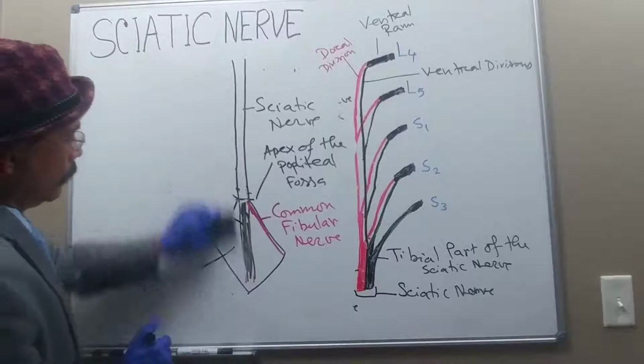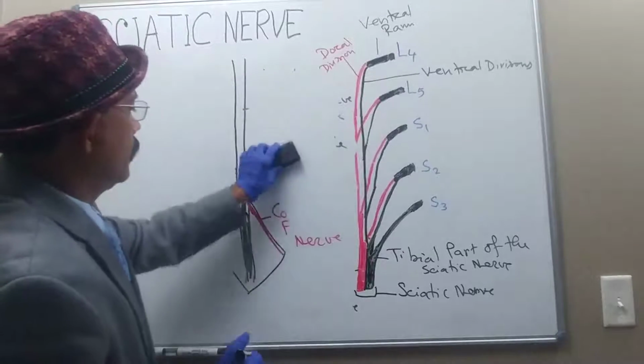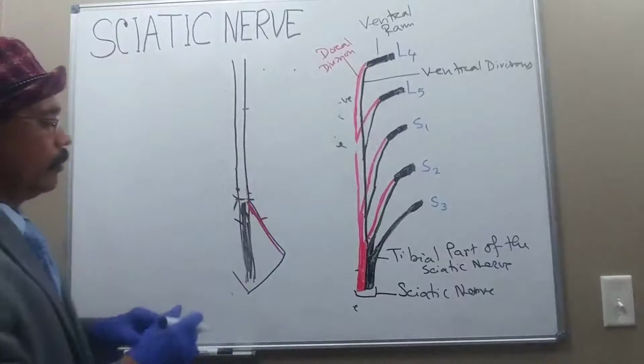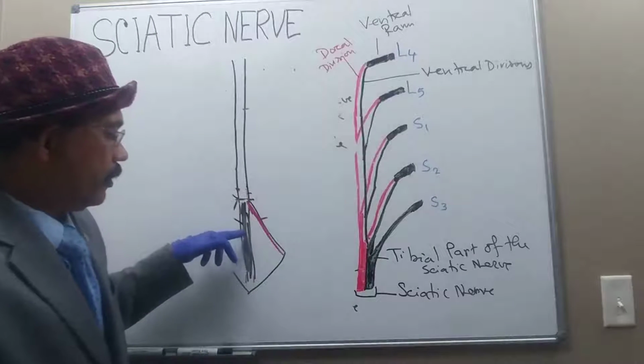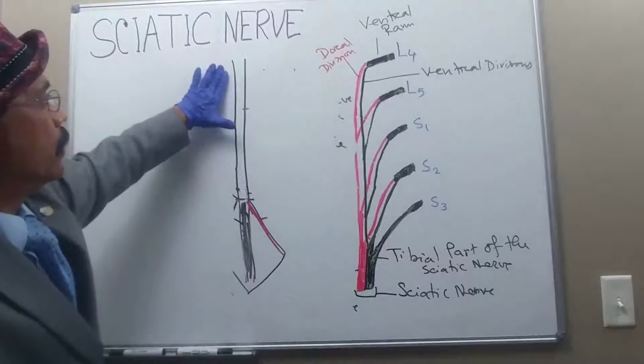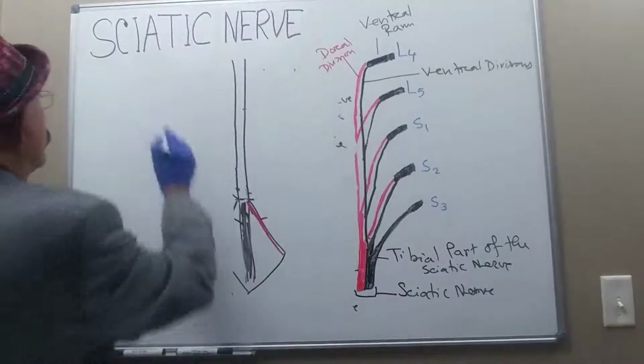Now we have to find out the branches of the sciatic nerve. Sciatic nerve supplies what structure? We'll not go to the branches of these divisions, we'll go to the muscles supplied by the sciatic nerve.